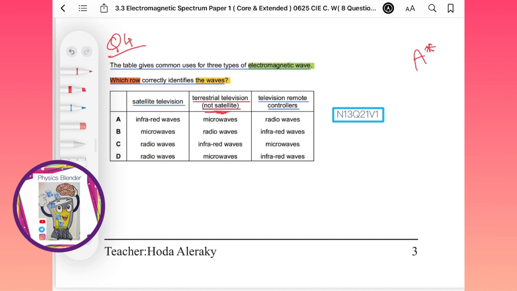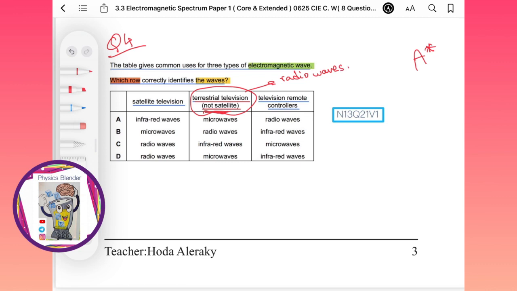Okay, this kind of television, terrestrial one, they are television broadcasting in which signal transmission takes place via radio waves. So they are using radio waves, not microwaves. So terrestrial television, they are using radio waves, broadcasting, transmitting signals using radio waves.